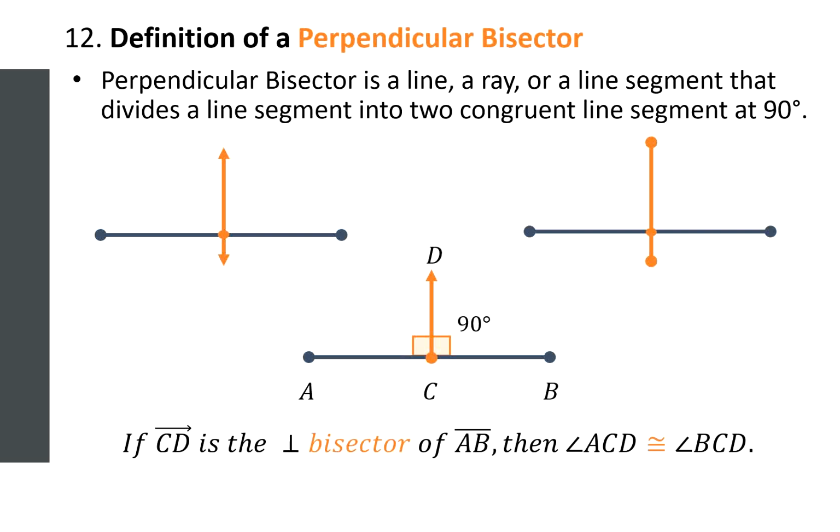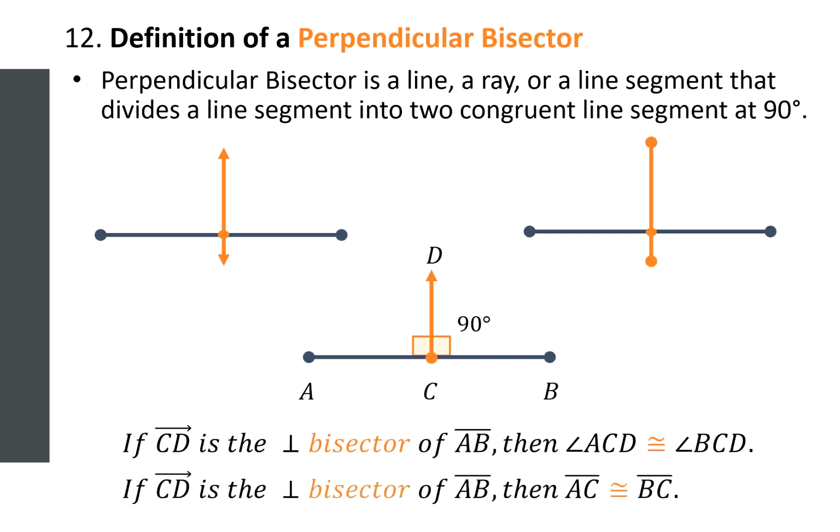Then, yung angle ACD, which is 90 degrees, is congruent doon sa angle na BCD, which is also 90 degrees. Or, we can also write, if ray CD is the perpendicular bisector of line segment AB, then yung line segment AC congruent sa line segment BC, which is also true.